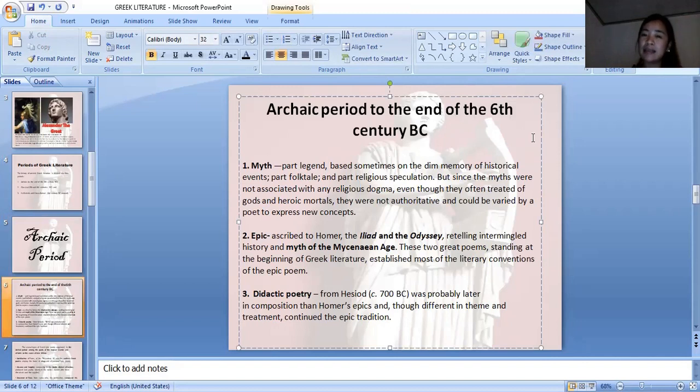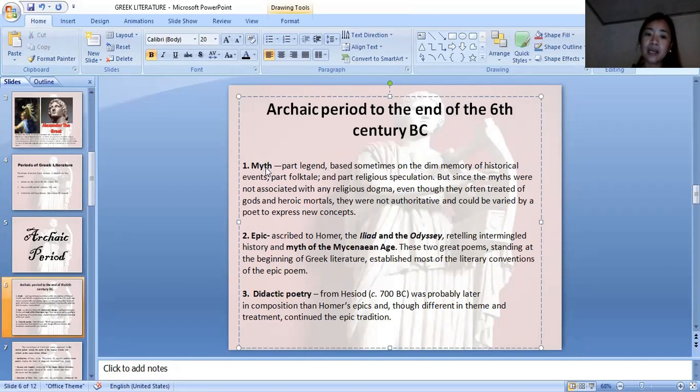The focus I gave you in the archaic period is the myth, the epic, and the didactic poetry. Tatatlo na yan, okay? The myth, the epic, and the didactic.